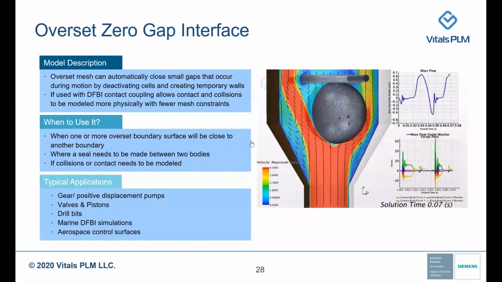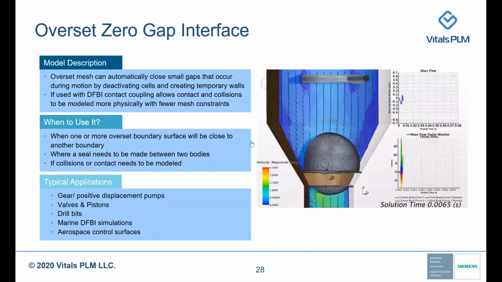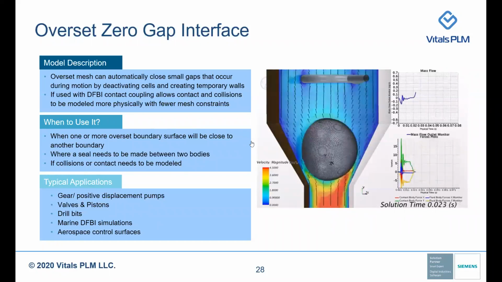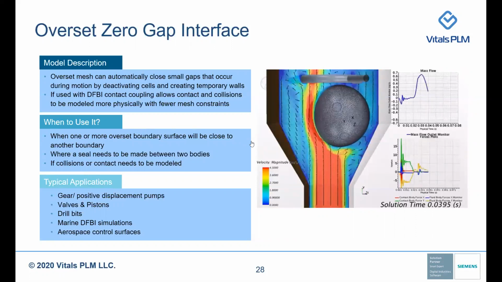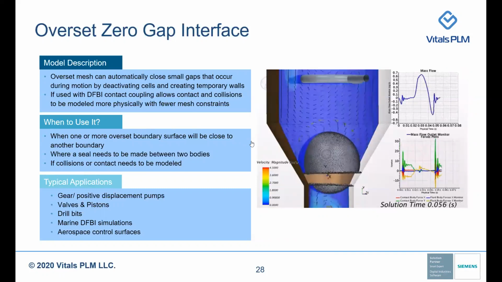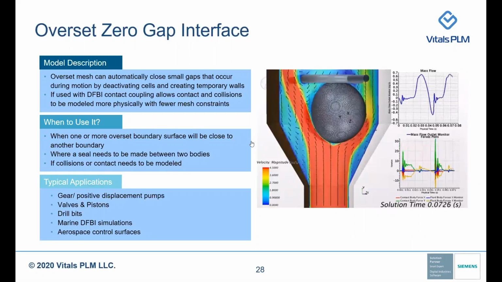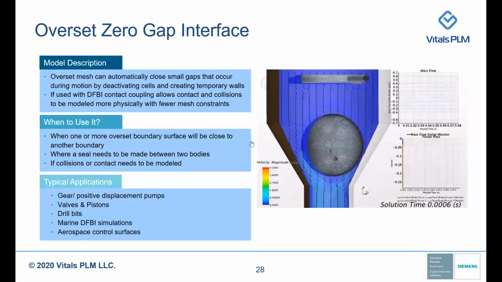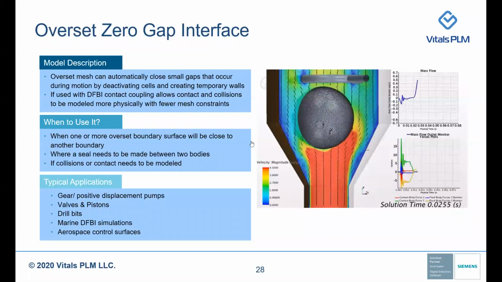It can also be used if there is a need to resolve collisions and contact. Typical applications include positive displacement pumps, valves, and control surfaces from the aerospace industry, where in some scenarios the gap between the control surfaces is completely tight, a zero gap.